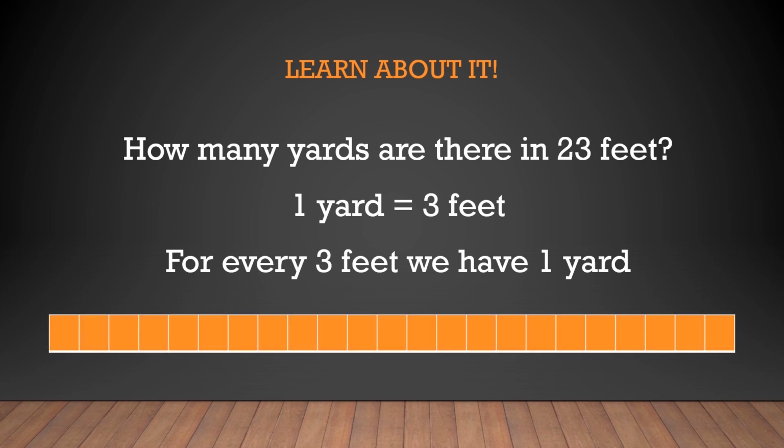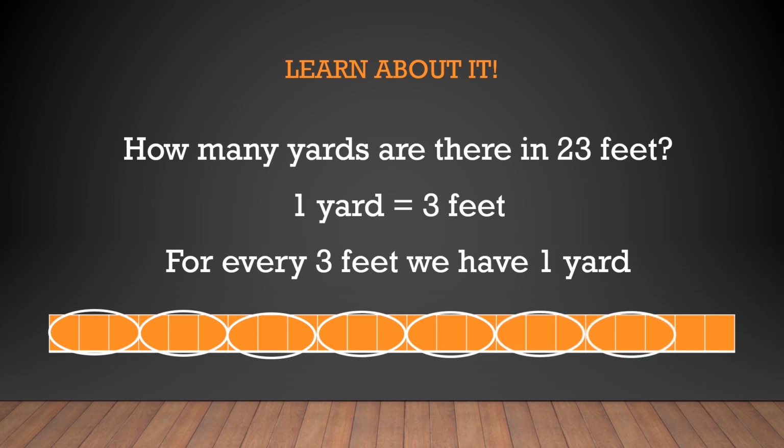So I'm going to start off by using a model. If I have 23 feet, for every 3 feet, we have 1 yard. Using a visual like this, we can continue to highlight 1 yard every time we have 3 feet. So we have 1 yard, 2 yards, 3 yards, 4 yards, 5 yards, 6 yards, 7 yards.